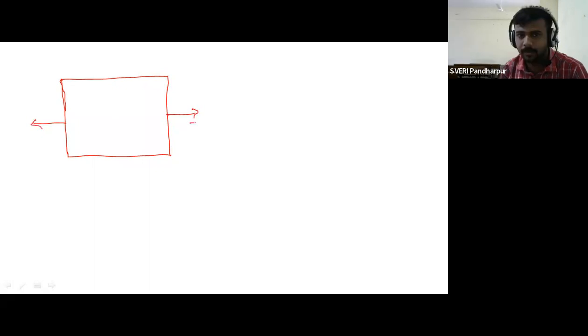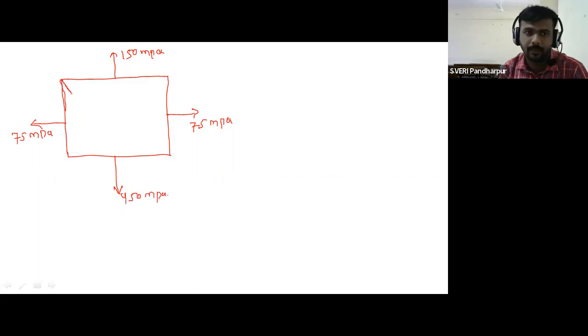Draw this figure. Sigma x is equal to 75 megapascal. Sigma y is equal to 150 megapascal. So this is point A, this is point B. So angle is given with minor principal plane.